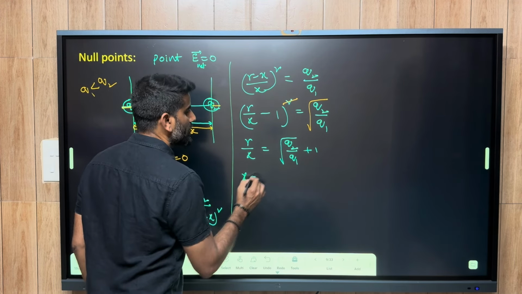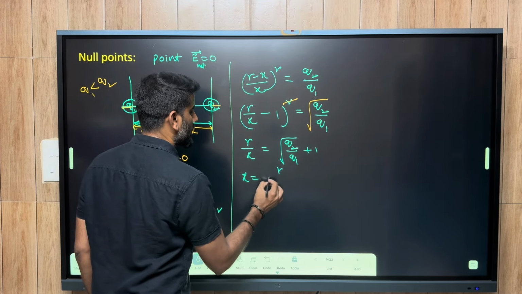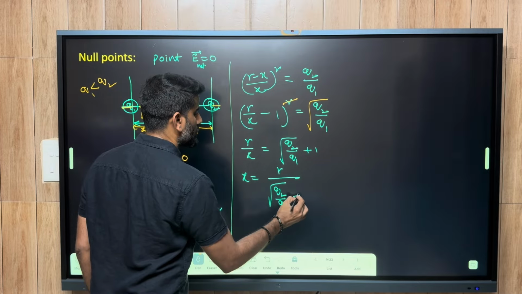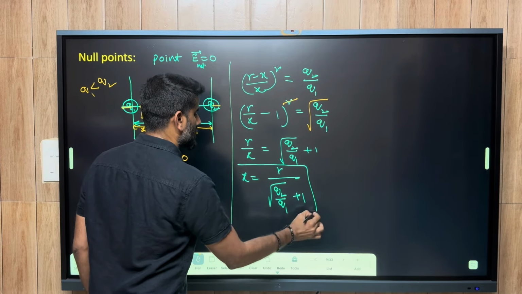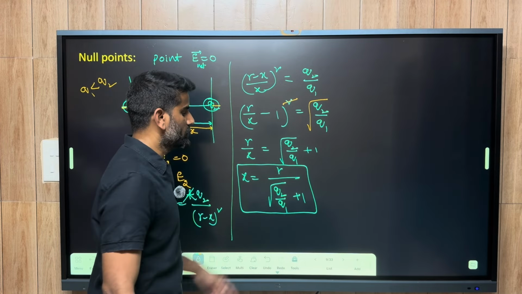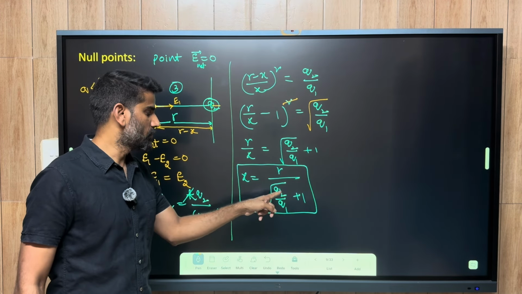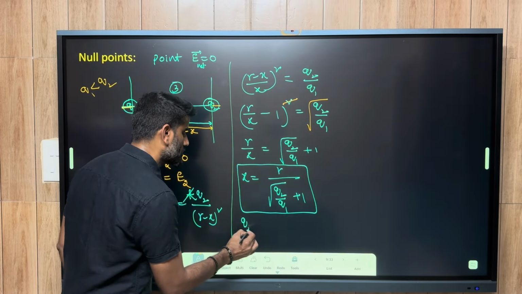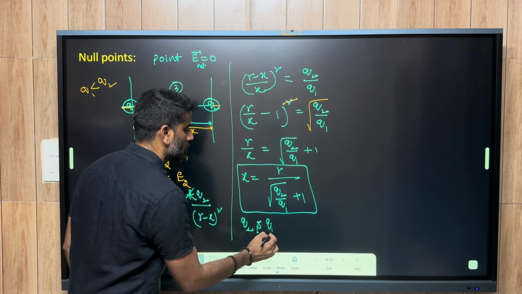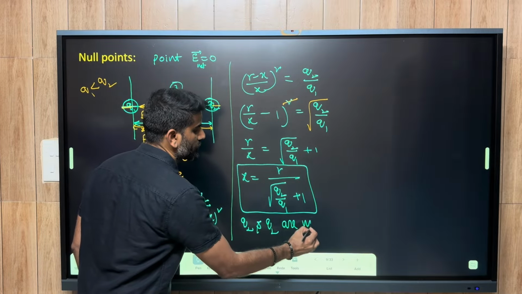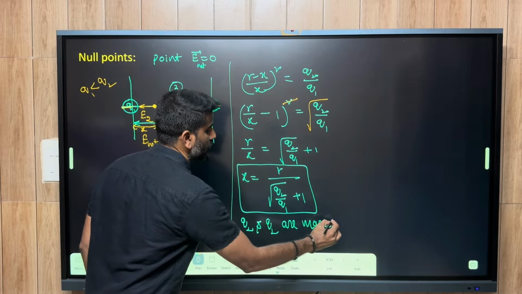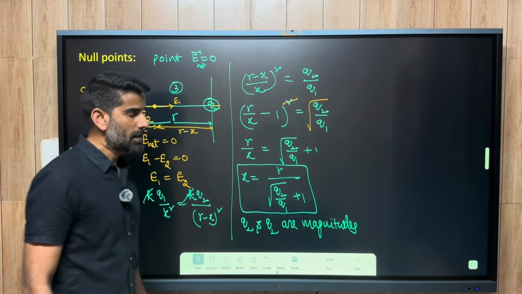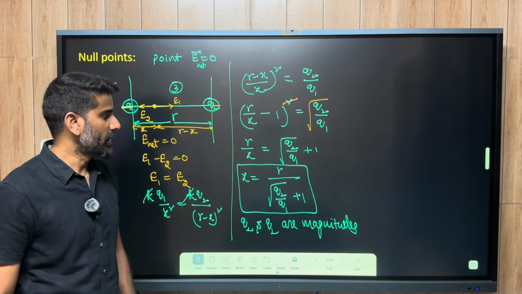So x is equal to R by (root over Q2 by Q1, plus 1), and this root is not for this plus 1, it's only for the ratio of Q2 by Q1, and Q2 and Q1 are magnitudes without sign. Hope you have understood this one, right?